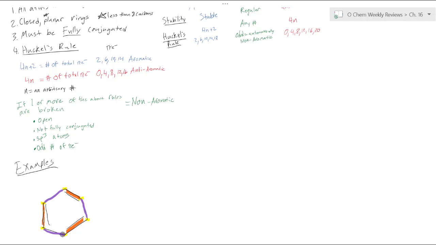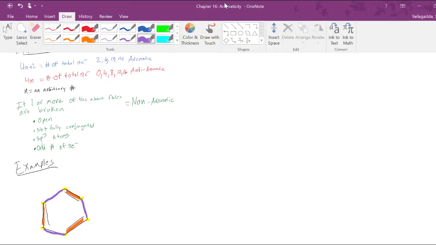Now, lastly, if the first three rules apply, that means it is not non-aromatic. That means it has to be either aromatic or anti-aromatic. So all that there is left to do is count how many pi electrons there are.